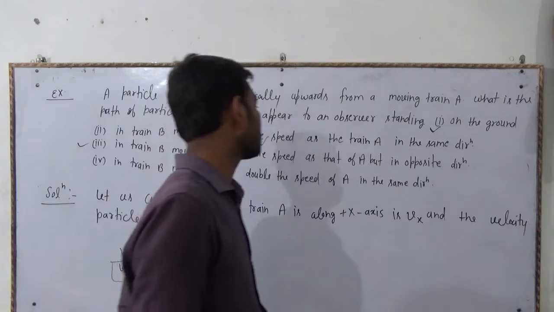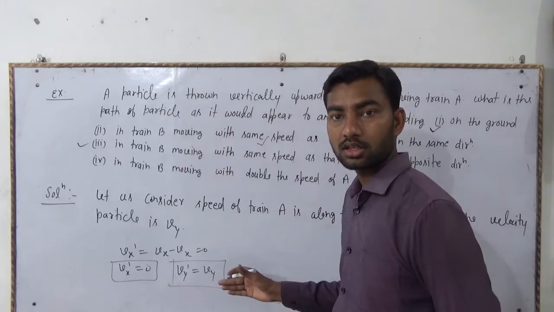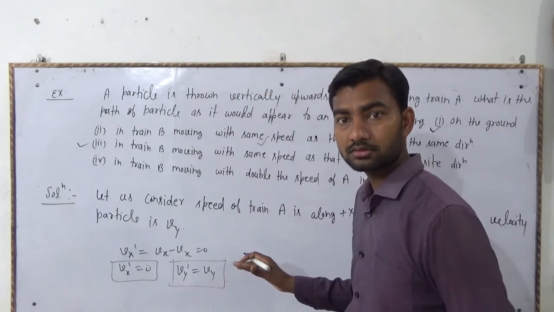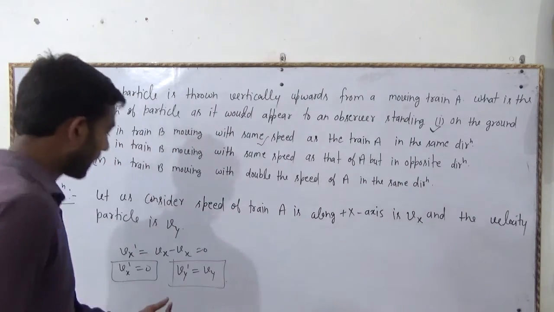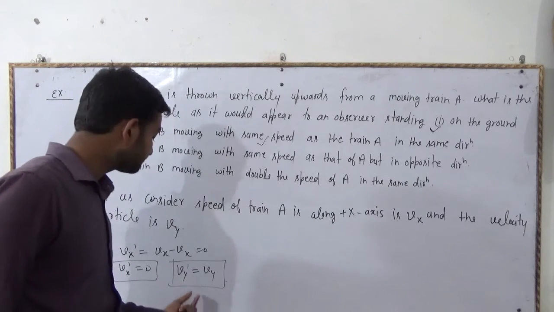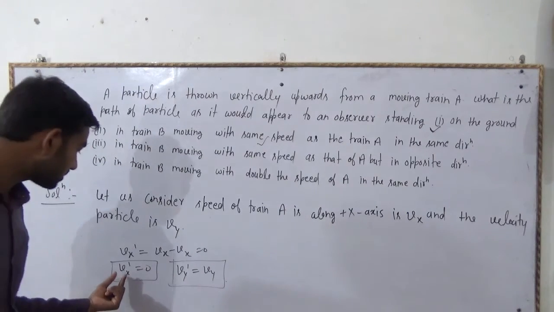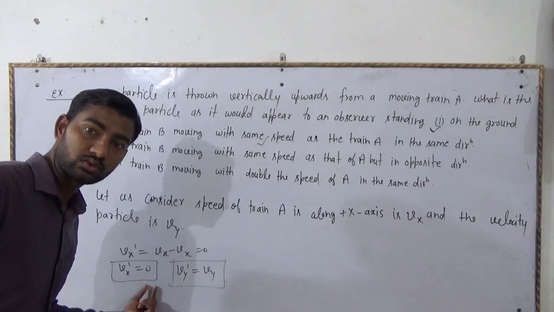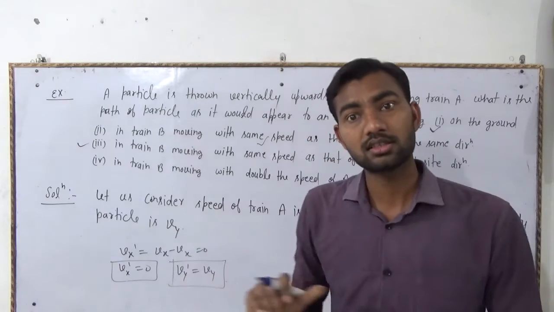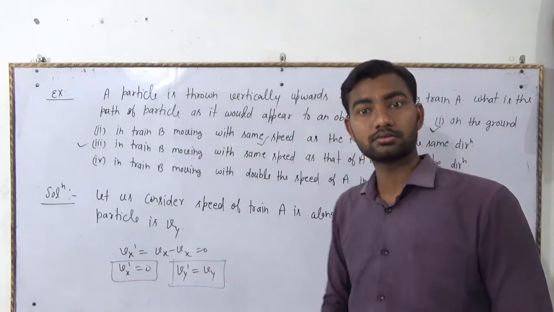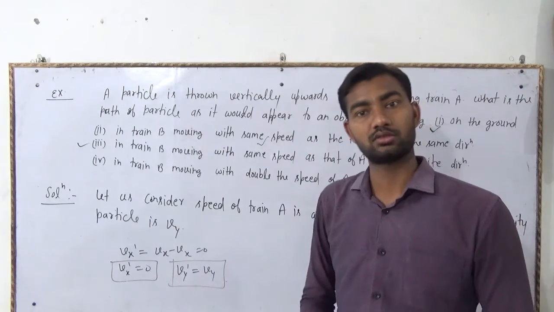So we can say there is no effect on the velocity of the particle along the y direction, and since Vx dash is equal to 0, along the x axis the particle will not move any distance.